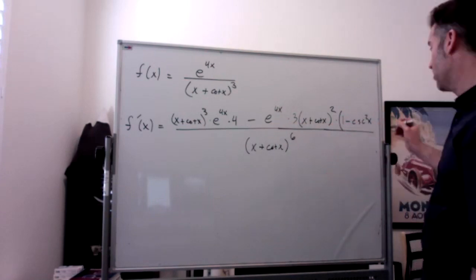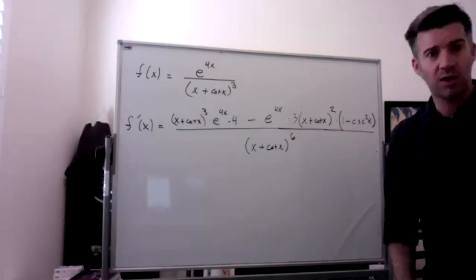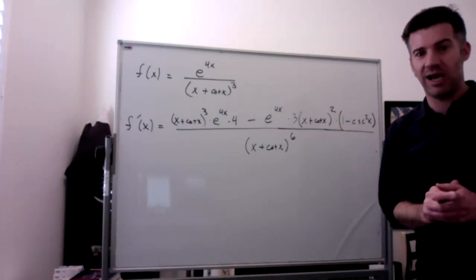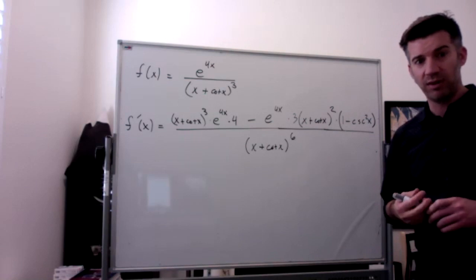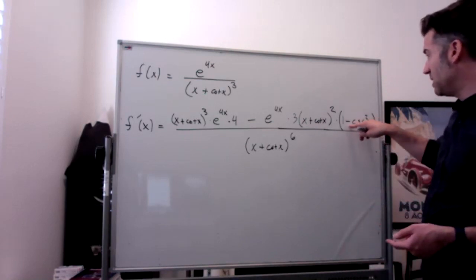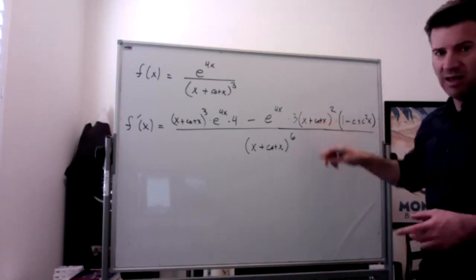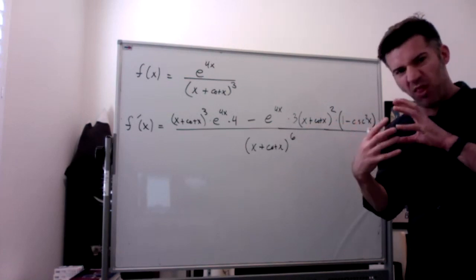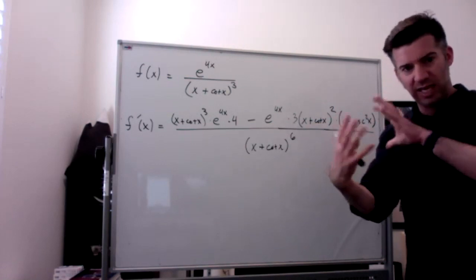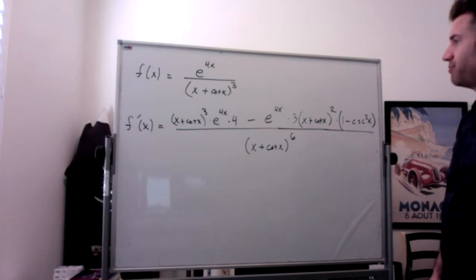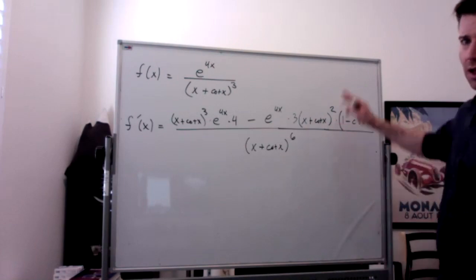Yeah, exactly, Gabrielle. We need the parentheses for sure. So when in doubt, err on the side of throwing in the parentheses. Basically, if this piece being the entire derivative of this piece means it is one thing, it's a unit that has to stay together. All right. Let's continue on.